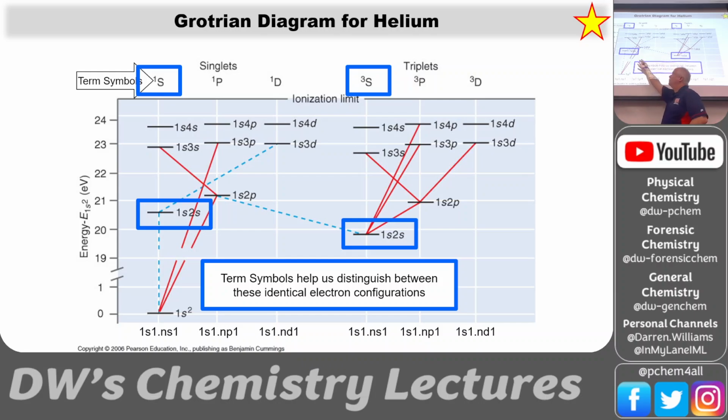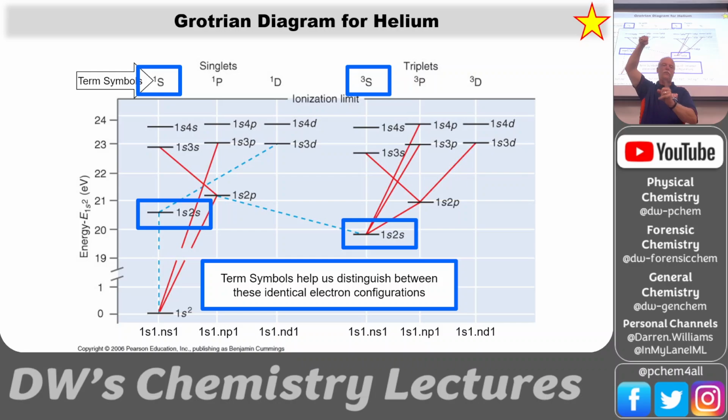So what is the difference between a 1s, 2s, and a 1s, 2s? Okay, this one over here has got paired electrons because it's a singlet state, and this one has unpaired electrons. And it's very easy to understand for helium because we only have 2 electrons. So we have, say, a spin up in the 1s orbital, and if that spin down electron goes to the 2s orbital, then they're still spin paired even though they're in different orbitals.